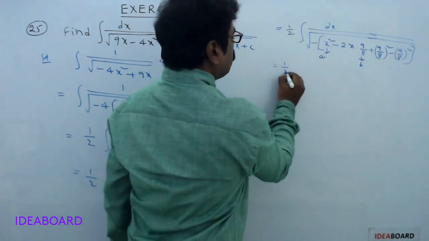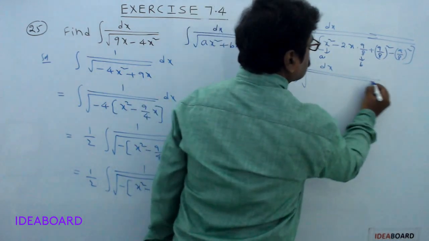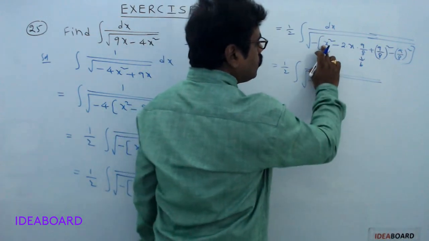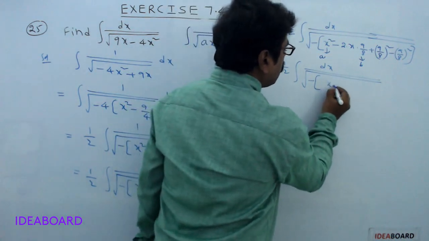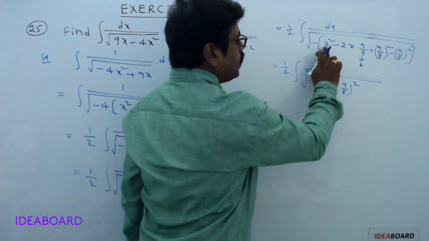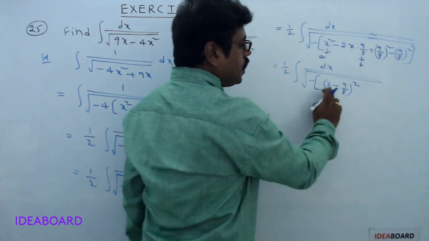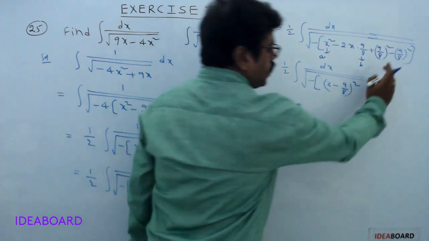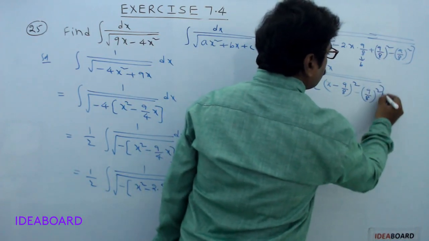Now this is 1 by 2 into integral dx divided by square root of minus, the combination of these three terms can be written as x minus 9 by 8 whole square: a square minus 2ab plus b square is a minus b whole square. So x minus 9 by 8 whole square minus 9 by 8 whole square.